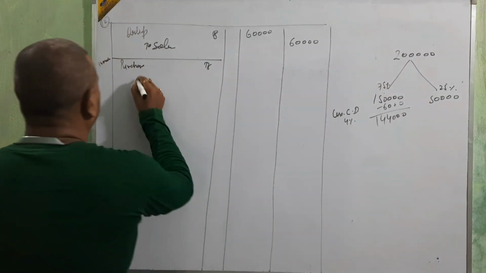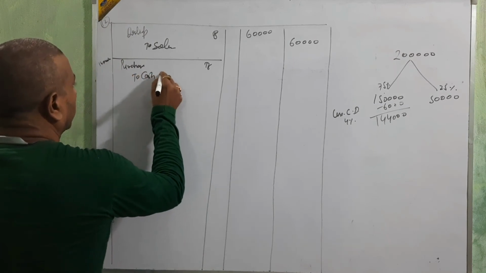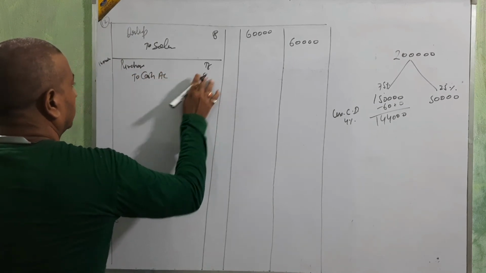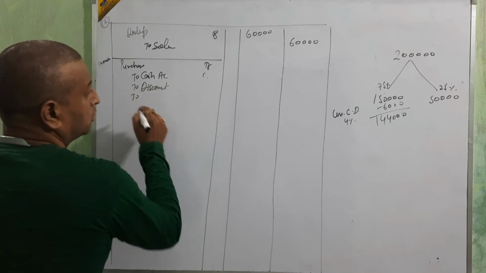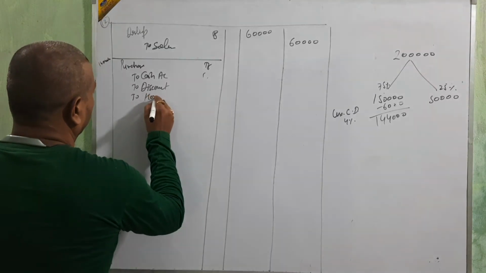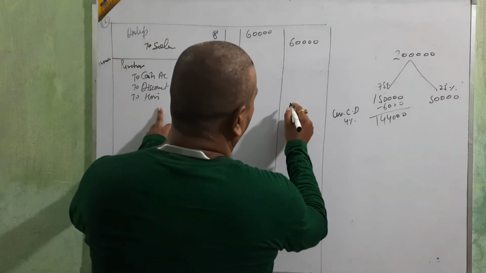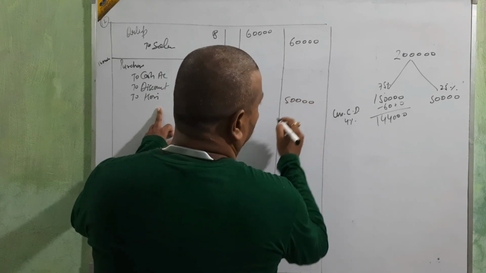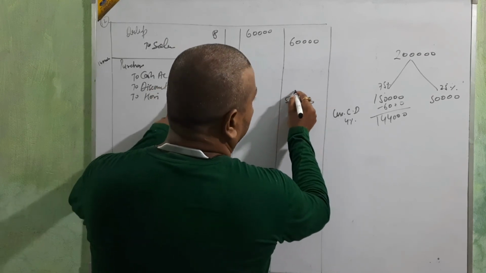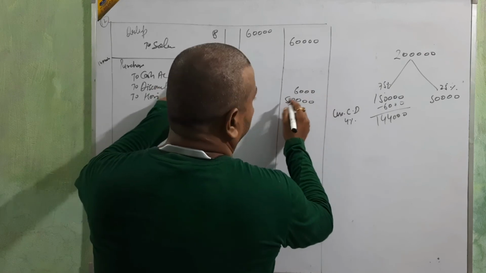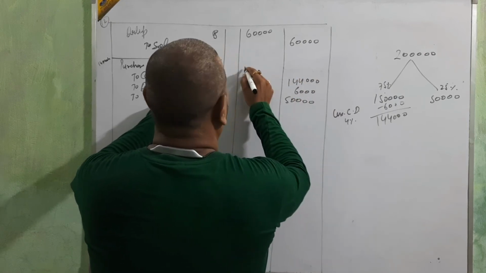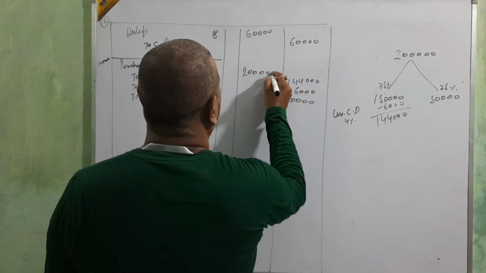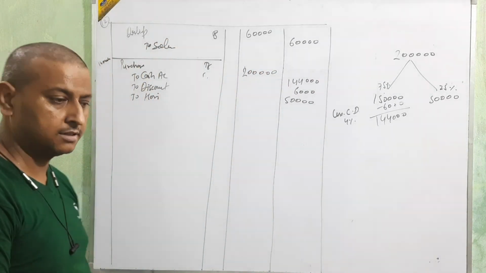It's a purchase. Purchase account debit, to cash account, to discount, to Hari and Company. In Hari we write 50,000 because it is on credit, in discount 6,000, here 1,44,000, and here 2 lakh rupees. Okay, beta? Clear? Next.